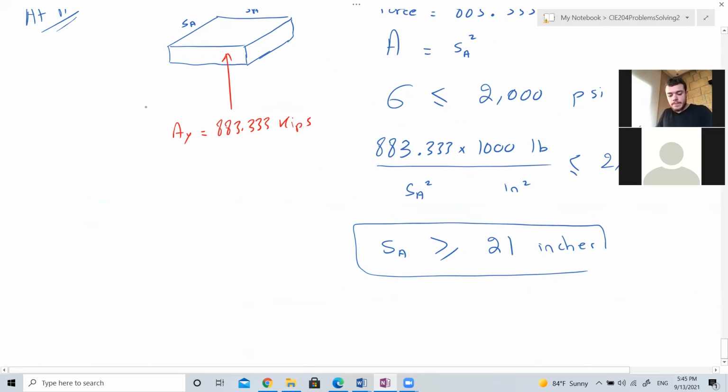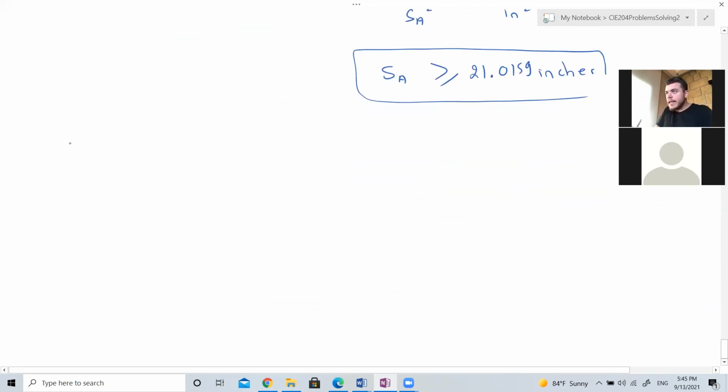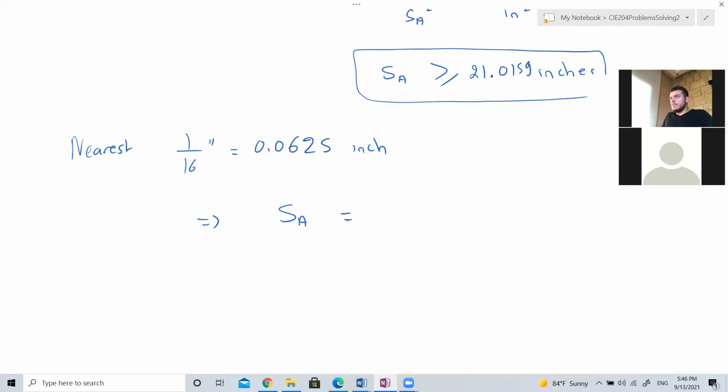You get 21.0159. We want it to the nearest 1/16 inch. 1/16 on the calculator gives 0.0625. Therefore, SA is going to be equal to 21.0625 inches.